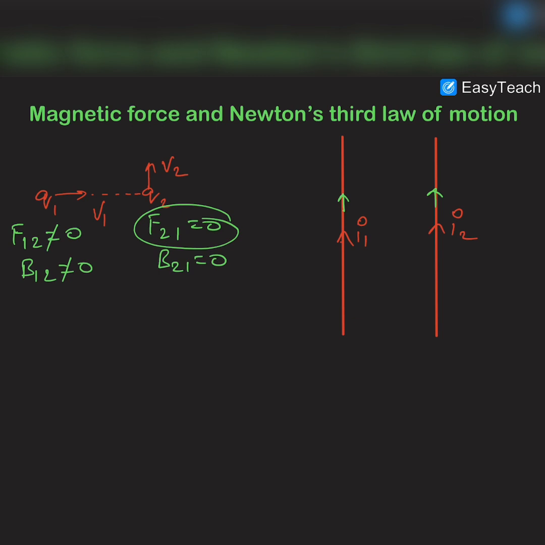But if we just see the magnetic field direction due to 1 on 2, then it would be in the downward direction, inside the plane, and due to 2 on 1, it would be in the outward direction, outside the plane. And the force acting on the wire 2 due to this magnetic field B1, and this is B2. So the force acting on the wire 2 due to B1 will be like that. This is F2, and the force acting on wire 1 due to the second wire is F1.